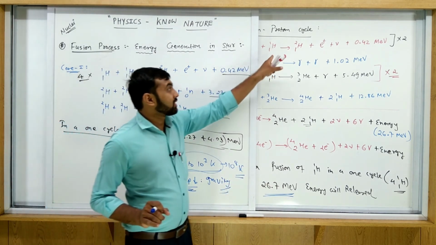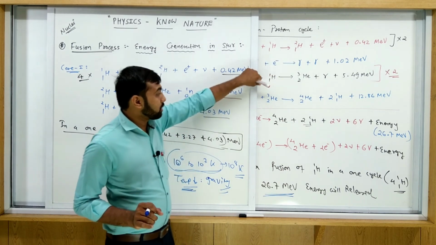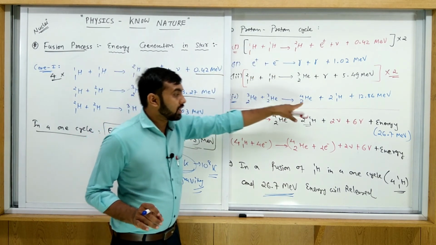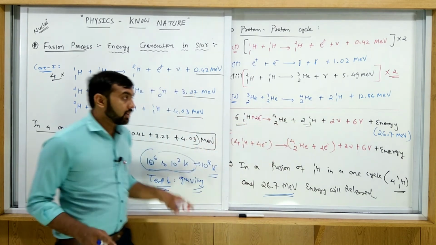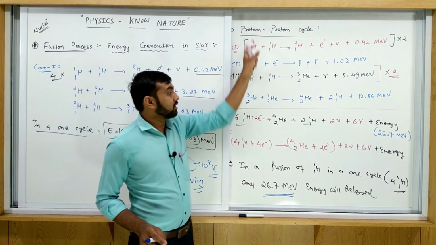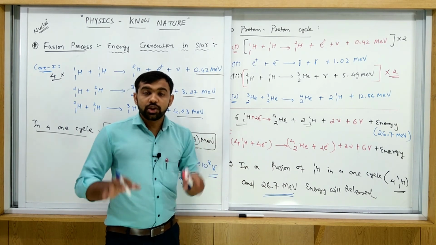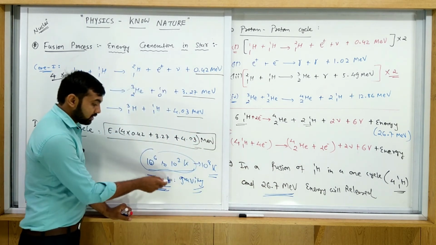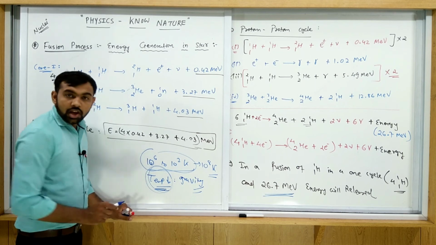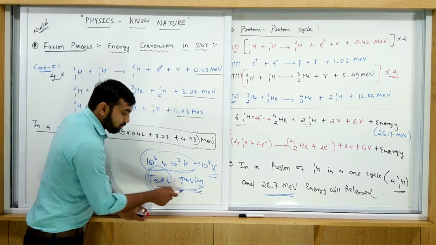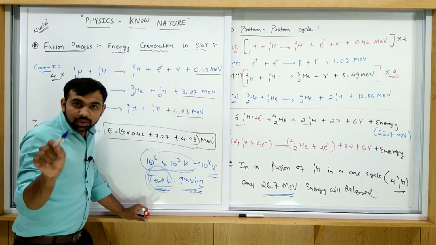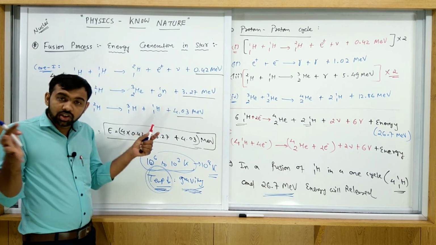See, due to this process, hydrogen is depleted inside the star and helium is formed, and finally all the hydrogen is converted into helium. Then this fusion process is stopped, its temperature decreases, and due to the star's own gravity, the star collapses.